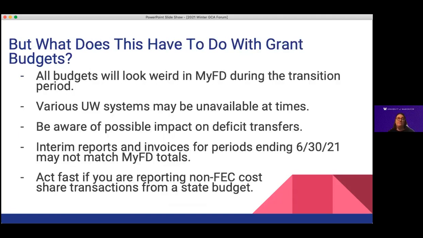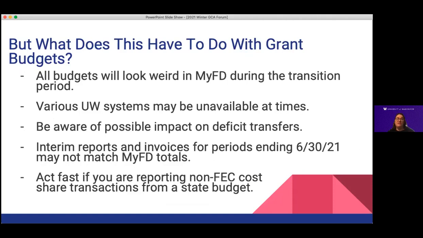Next slide. So what does this have to do with grant budgets? The vast majority of grant budgets are not state of Washington. They end at all different times, not necessarily June 30th. What does this have to do with us? Well, first thing is all budgets are going to look weird in MyFD during the transition period.